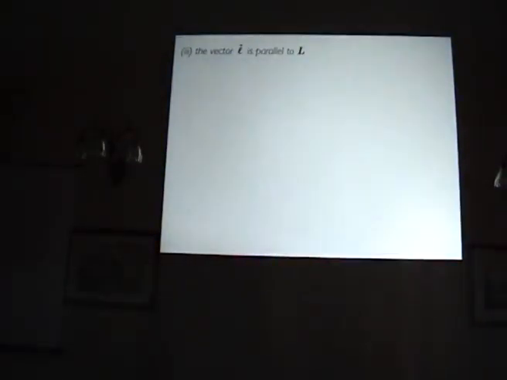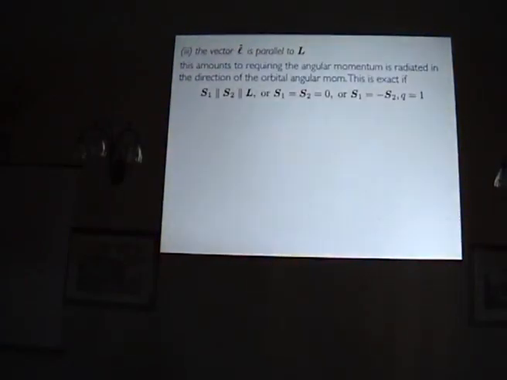The third assumption is that L tilde is parallel to L. Okay? This is telling you that, in the billions of years in which you emit gravitational waves, the system is almost planar, and so all the angular momentum you lose is along the orbital angular momentum.